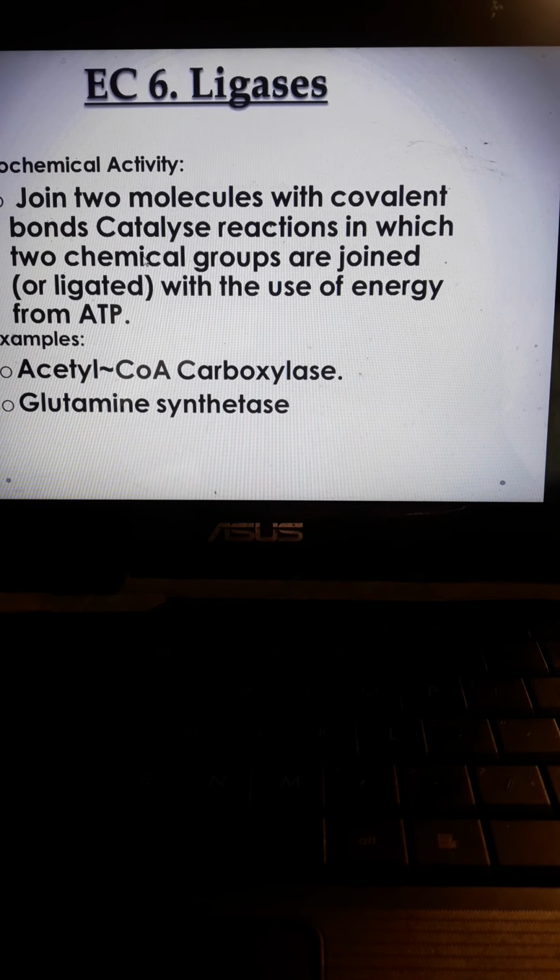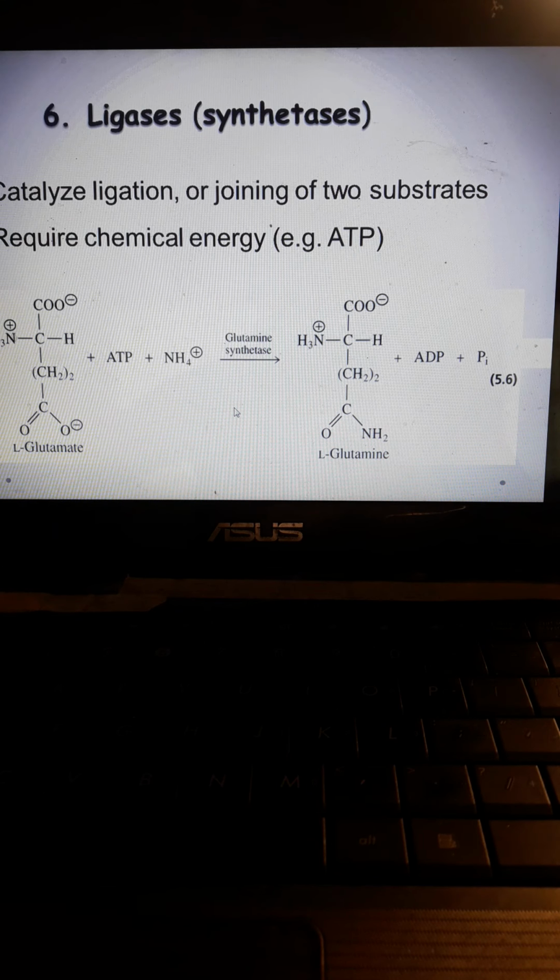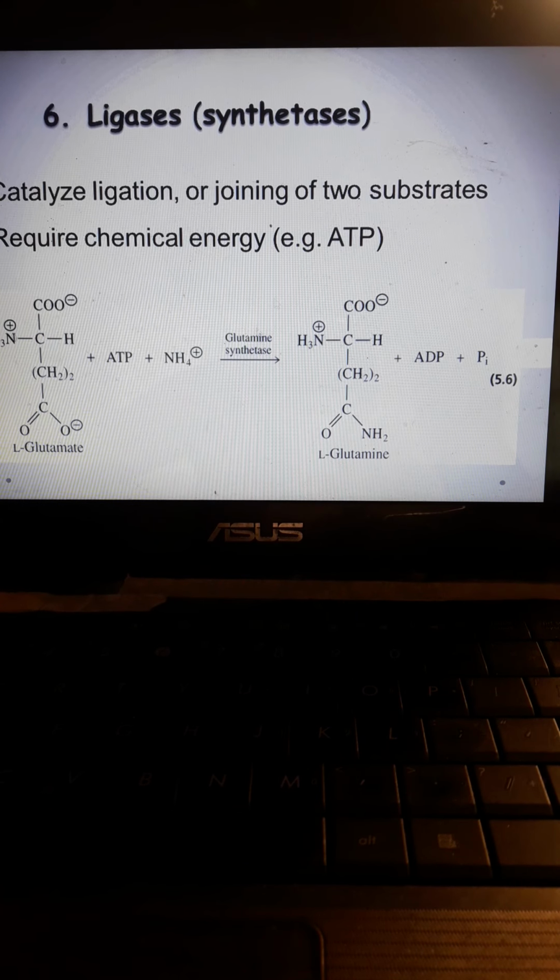Ligases join two molecules with covalent bonds. They catalyze reactions in which two chemical groups are joined with the use of energy in the form of ATP. That's why we have discussed it. As a recap: acetyl coenzyme A carboxylase and glutamine synthetase. There is ligation or joining of two substrates with the use of chemical energy. For example, L-glutamate is converted to L-glutamine.